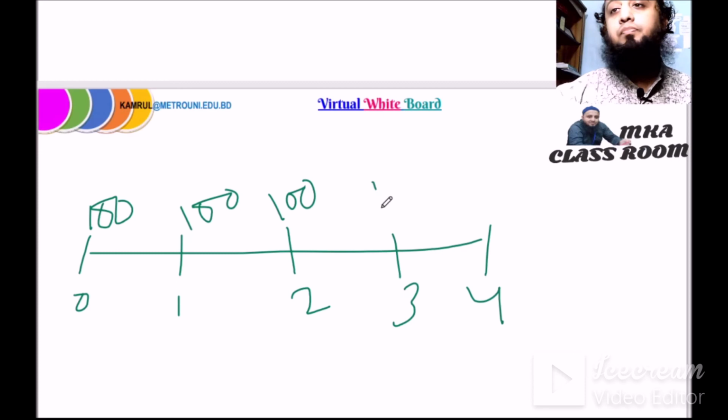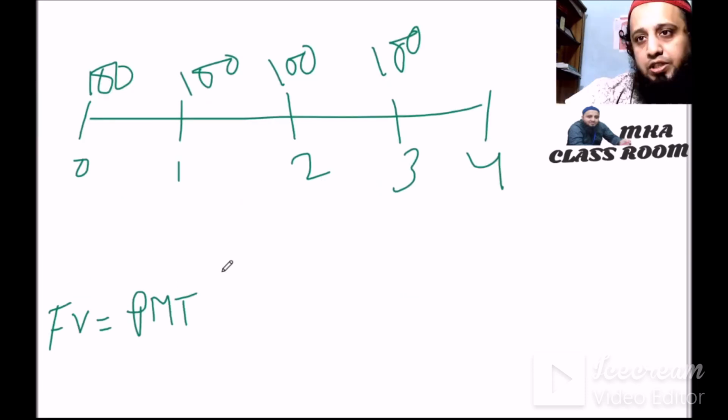Then we know the formula FV equals PMT times 1 plus R power n minus 1 divided by R, times 1 plus R, because that is the formula for an annuity due.